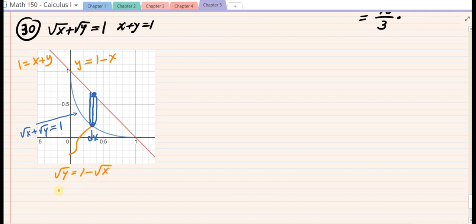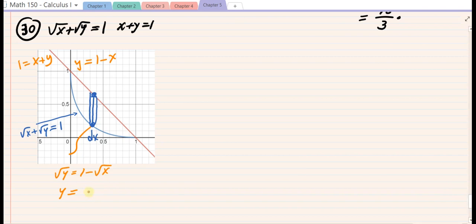So for this one, y would be 1 minus root x squared, right? And let's see something real quick. All right, it looks good.